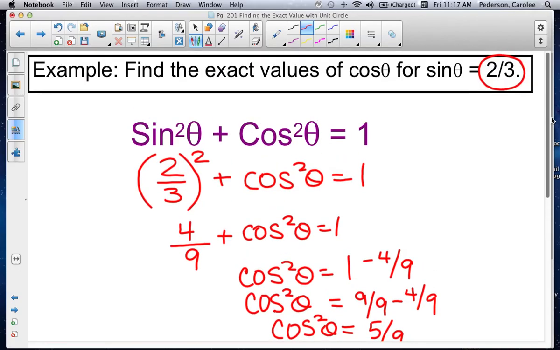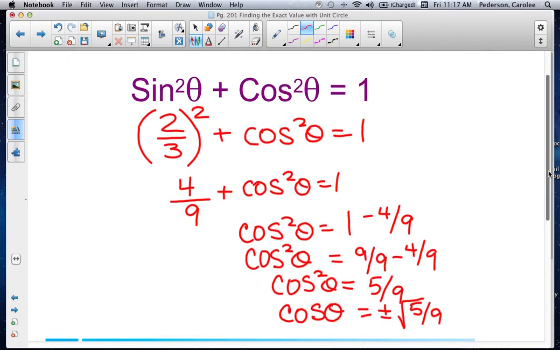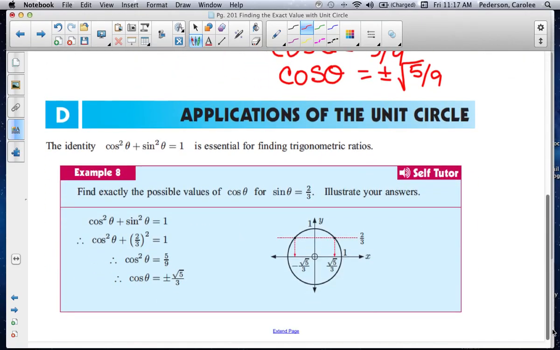Now remember, we were given the sine of theta is 2/3. So down below, if you look at 5/9, I can break up that square root of 5, and then square root of 9 is just 3. And we have plus or minus.